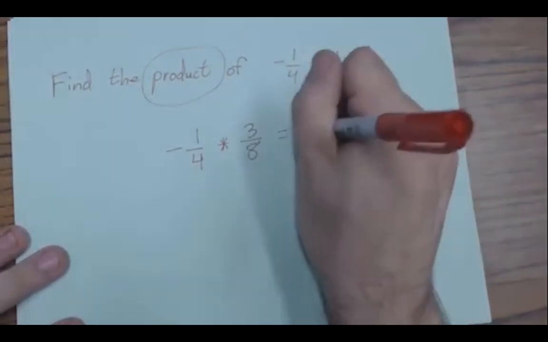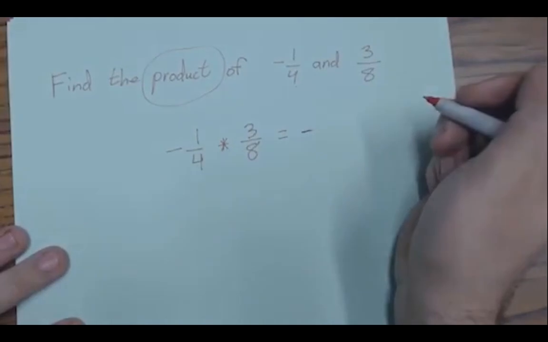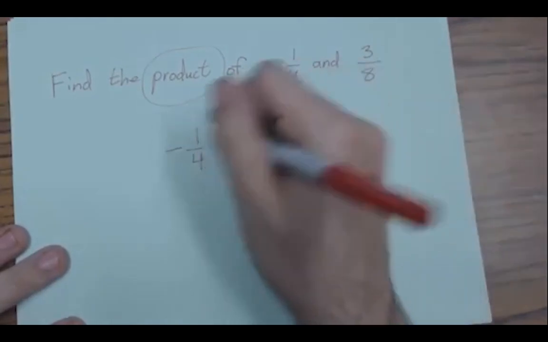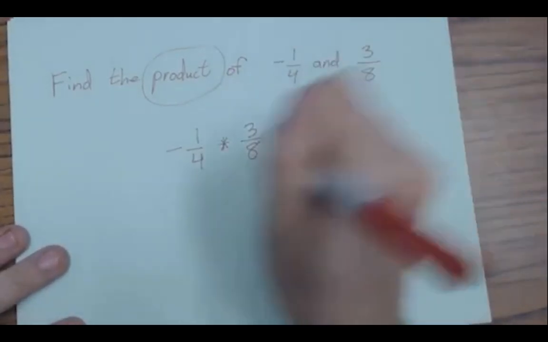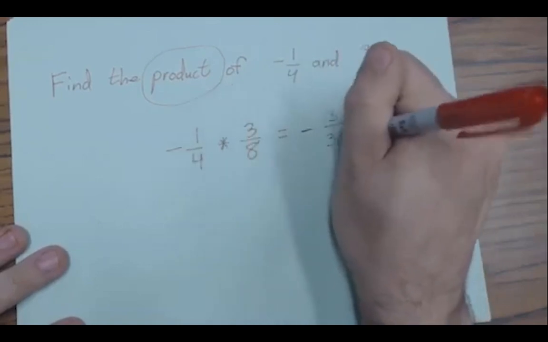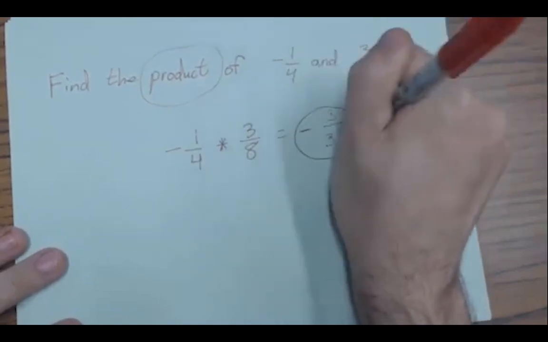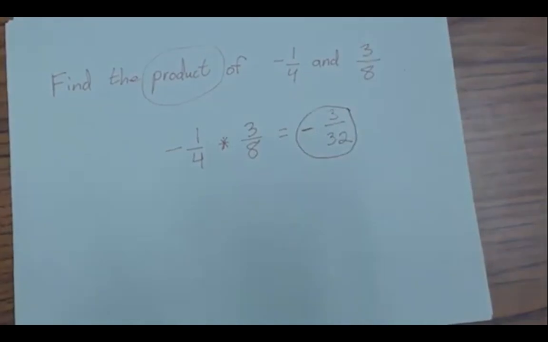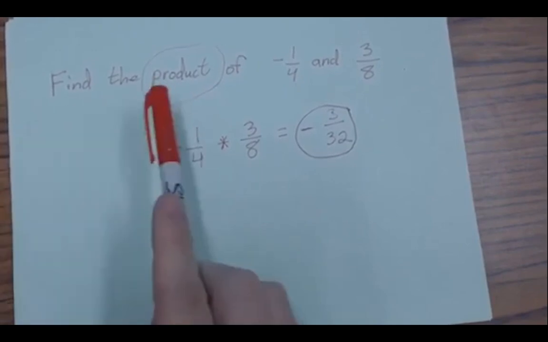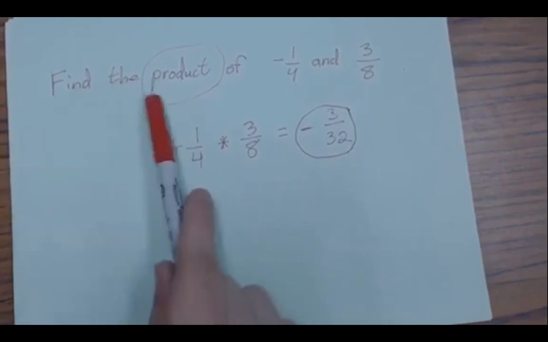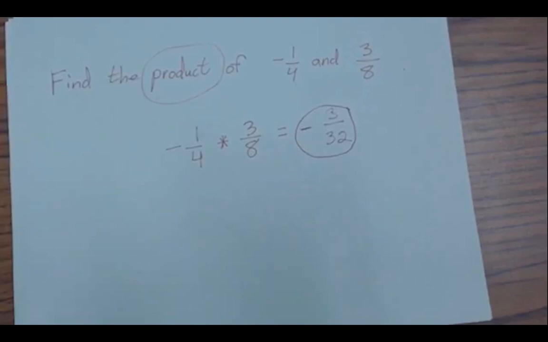Negative times positive is negative. 1 times 3 is 3. 4 times 8 is 32. The answer is -3/32. Had it said quotient, that would be divide. Sum means plus. Difference means minus.